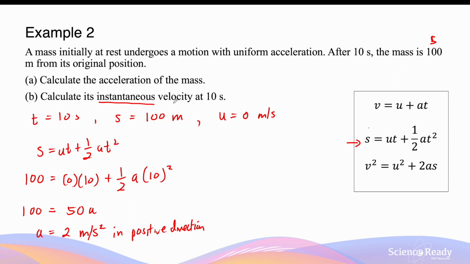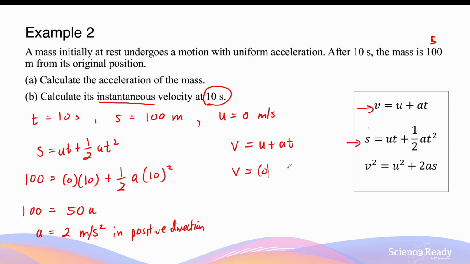Instantaneous velocity, by way of review, is the velocity of the object at a specific time, especially if the object has acceleration. Here, because we know the acceleration and we know the time, which is 10 seconds, we can use the first equation. V equals u plus at. V is your instantaneous velocity.